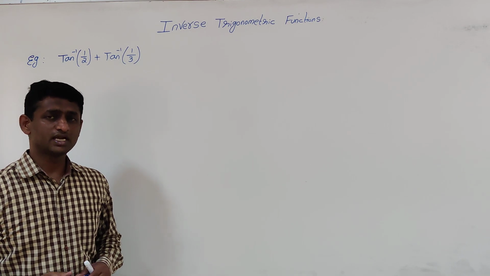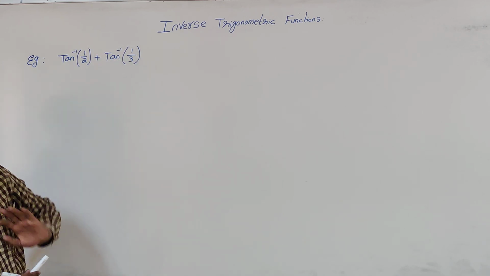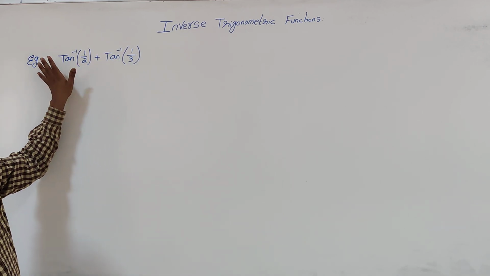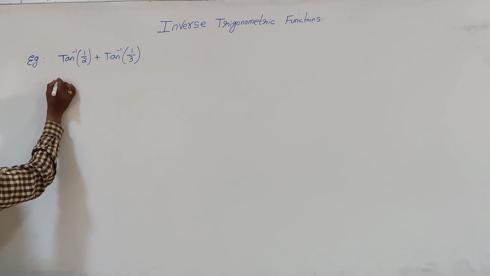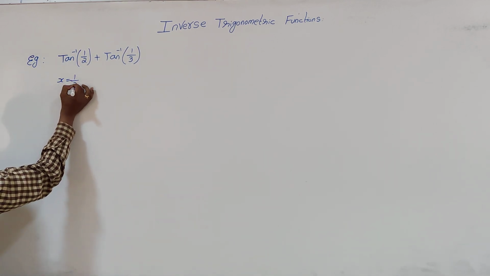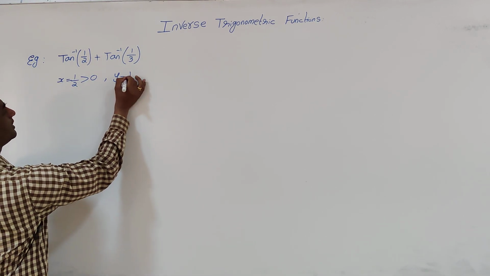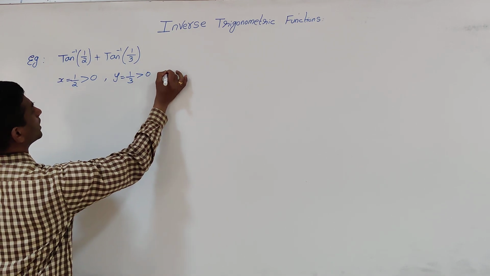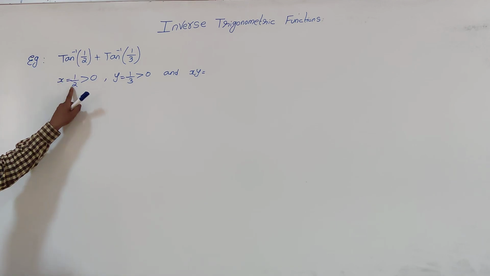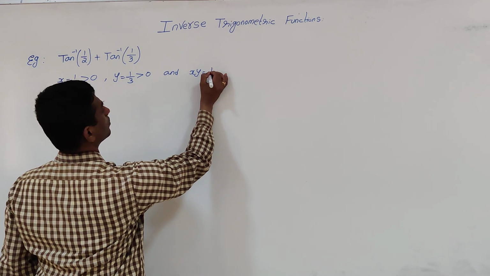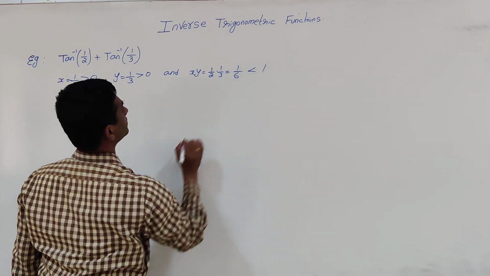Now we will see an example. Solve tan inverse of 1 by 2 plus tan inverse of 1 by 3. It is in the form of tan inverse of x plus tan inverse of y. So x is equal to 1 by 2, which is greater than 0, and y is equal to 1 by 3, which is also greater than 0, and the product xy is 1 by 2 into 1 by 3, which is 1 by 6, which is less than 1.